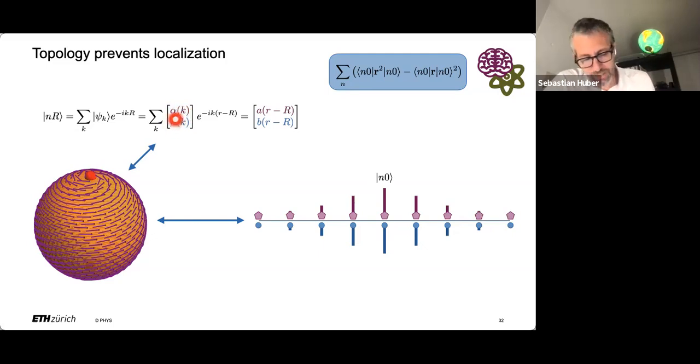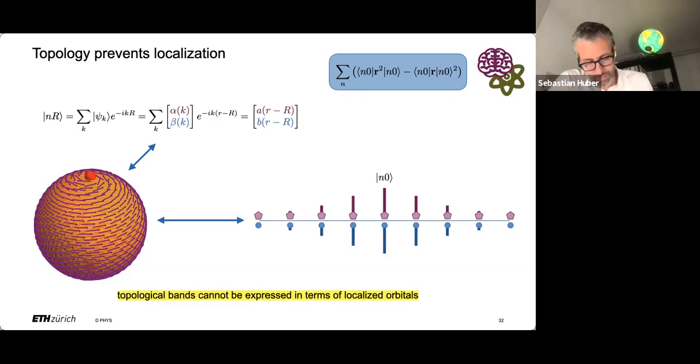But we also know that if we take the Fourier transform of something with a singularity, then we cannot have exponentially localized wave functions. We know that the regularity of a function determines how fast the Fourier transform thereof falls off. So that kind of links these two things, right? The fact that I cannot write new orbitals of a band that are exponentially localized if I'm topological.